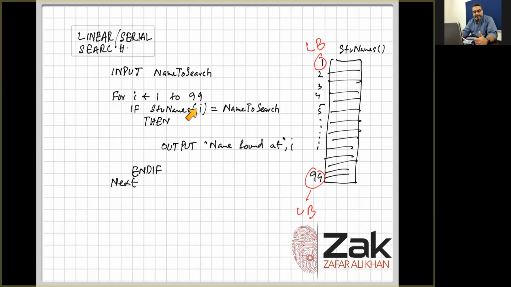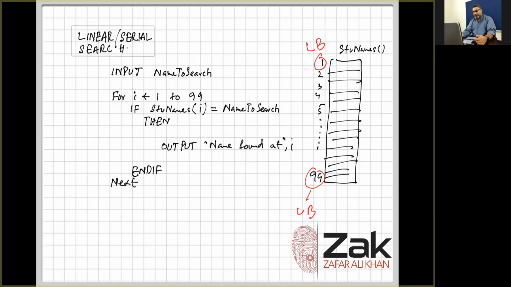If it is, then it will output name found at I. If it is not, this condition will not work. Next will send the control back to for. Now I will become 2 and student name 2 will be checked for the value that you have entered. If it is there, it says it is there. Otherwise it goes on and on, and all 1 to 99 array locations will be searched.